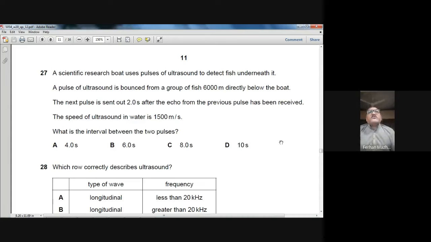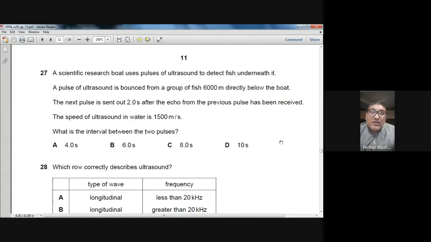A pulse of ultrasound is bounced from a group of fish 6,000 meters directly below the boat. The next pulse is sent out 2 seconds after the echo from the previous pulse has been received. The speed of ultrasound in water is 1500 meters per second. What is the vertical interval between the two pulses?